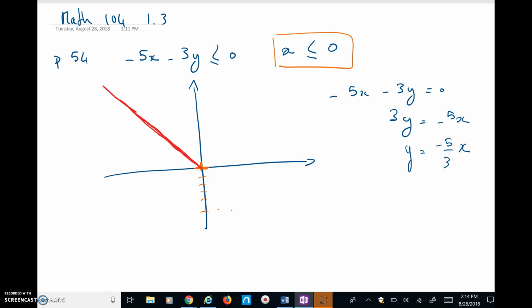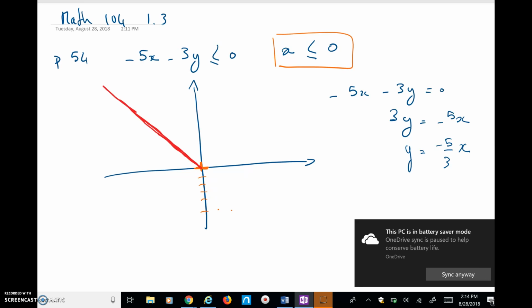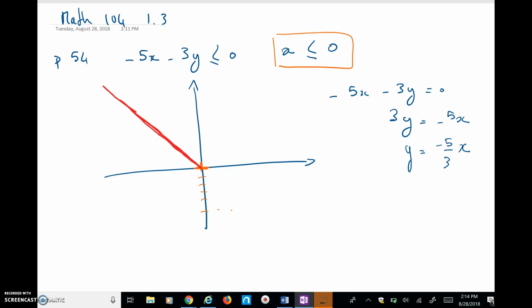All right. Now, x is less than or equal to 0, so I can take easily x equals 0, so y equals negative 5 over 3. Wouldn't that make it y equals 0 as well? Sorry, oh my God. x equals 0, y equals 0. So that's the first point.